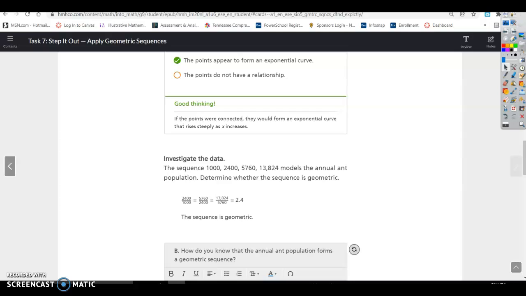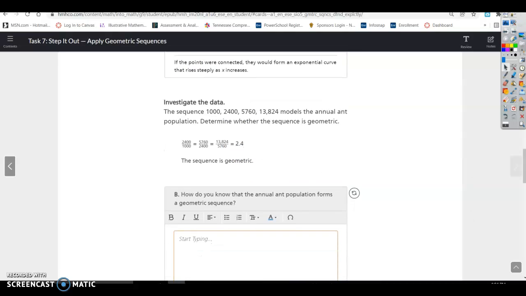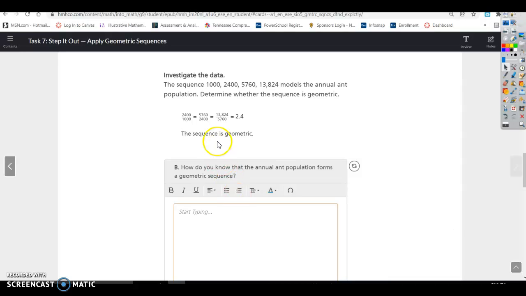All right, it says the sequence 1,000, 2,400, 5,760, and 13,824 models the annual ant population. Determine whether the sequence is geometric. All right, so remember you can take a number and divide it by the previous term, and that's going to give you your R, your common ratio. And if each of those equals the same common ratio, that means it is a geometric sequence.